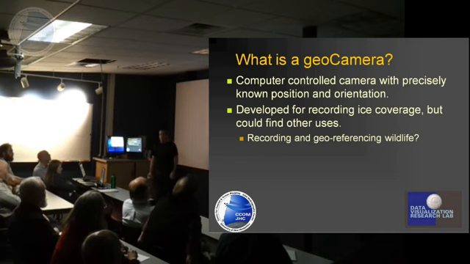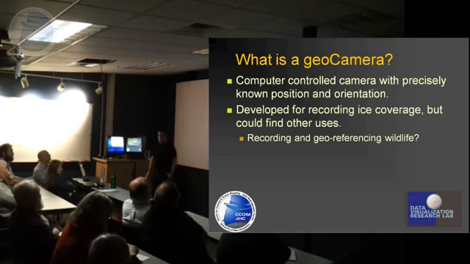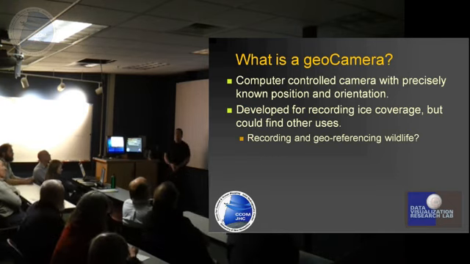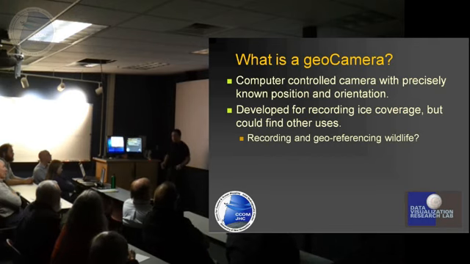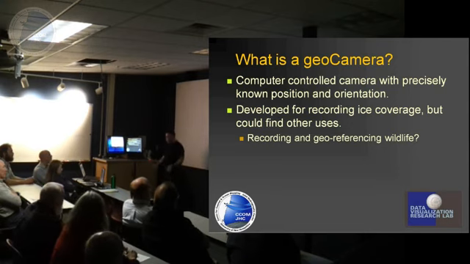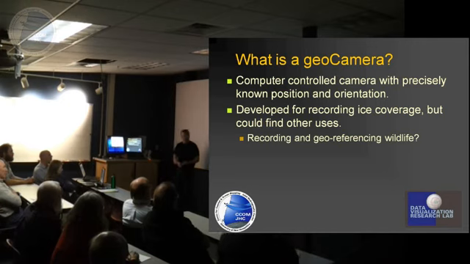To do that, we developed a system that we call the GeoCamera. It's a computer-controlled camera, and we know where it is and where it's pointing at all times. The purpose we initially developed it for is to create those ice maps, but we could use this in other scenarios. It could be on the ship or other mobile platforms where you might want to take a look at something and know where it is, in addition to taking pictures of it.